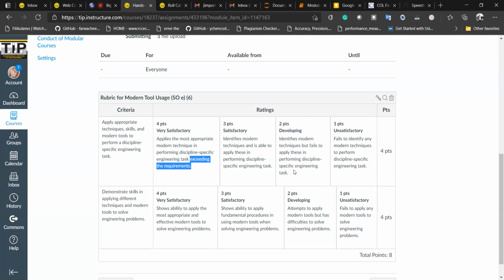That means your score will only be 2 points. So what does that mean? That means that you submitted a report or an activity that does not satisfy. You failed to identify, and in your solution you were not able to submit a correct solution. So those will be our scores.